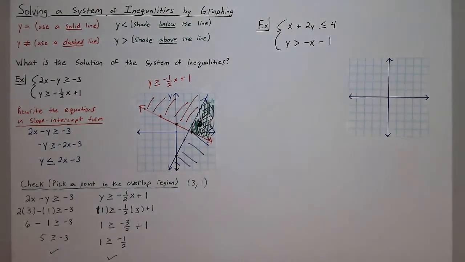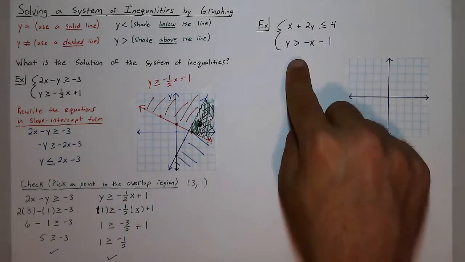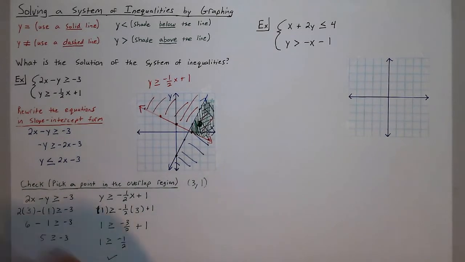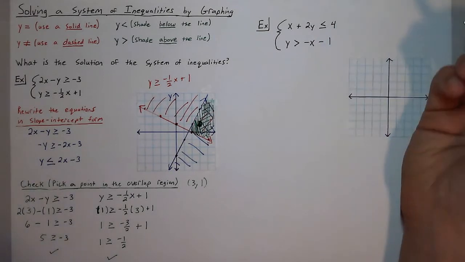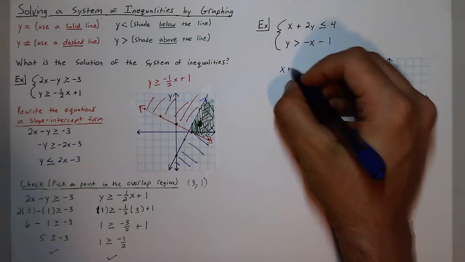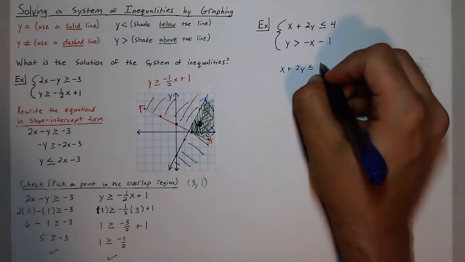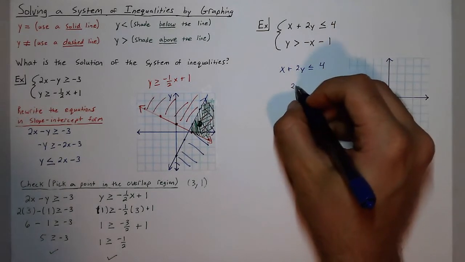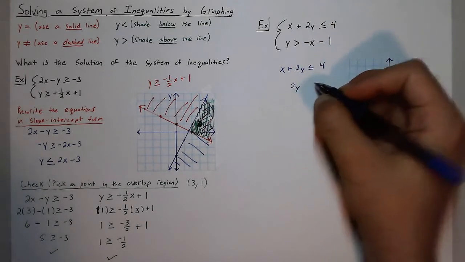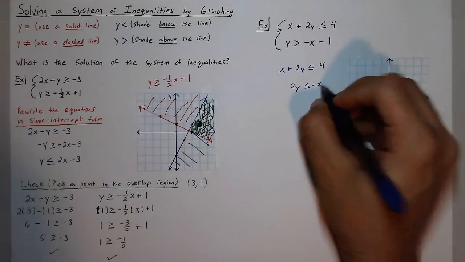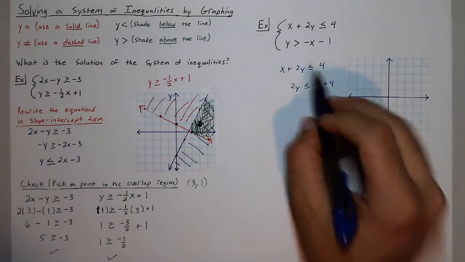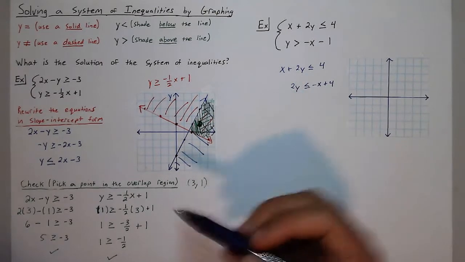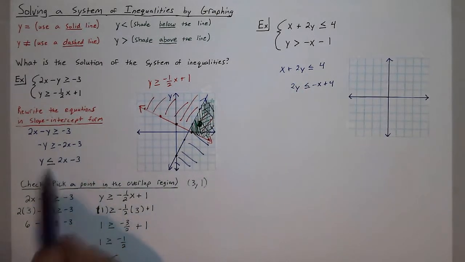Now let's look at this other system over here on the right. I have x plus 2y is less than or equal to 4, which is not in slope-intercept form. So I will solve for y by subtracting x. And you see here, even though I subtracted x, that doesn't flip my inequality. It's only when you multiply by a negative does your inequality flip.